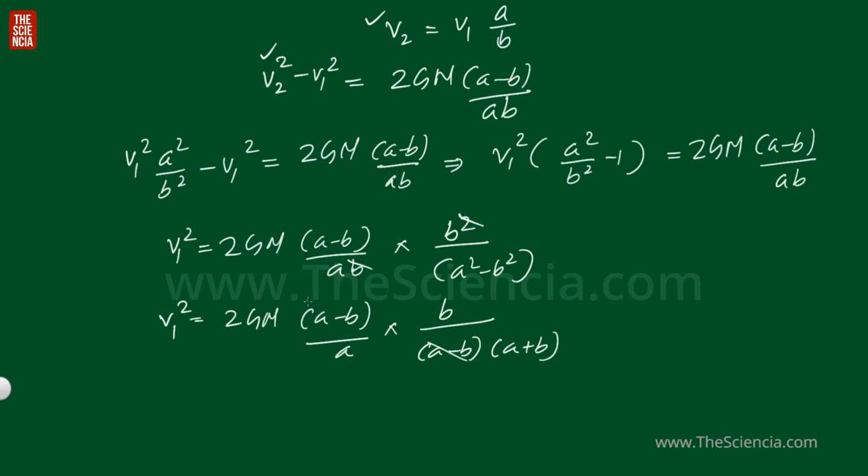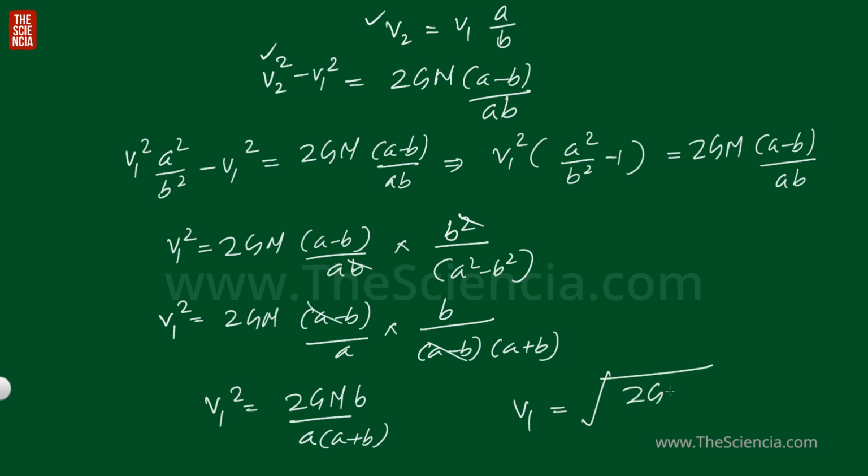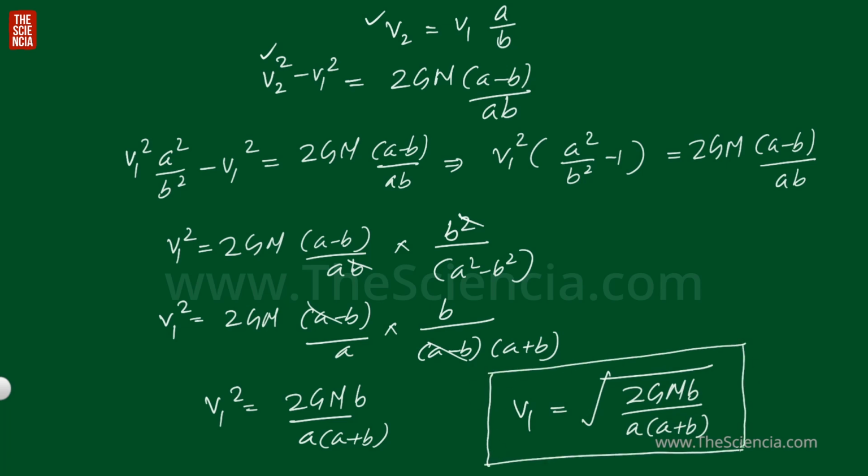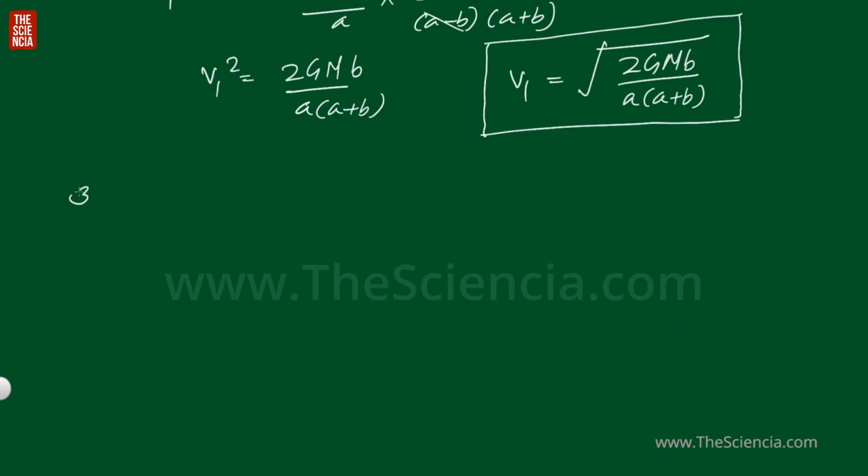So a minus b and a minus b will cancel, and we get v1 square is equal to 2GM b by a into a plus b. So we can say v1 is equal to the root of 2GM b by a into a plus b. Then what will be the value of angular momentum?